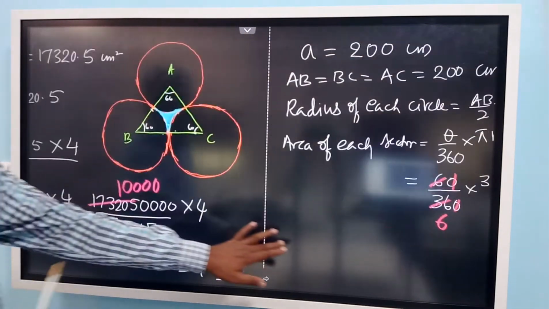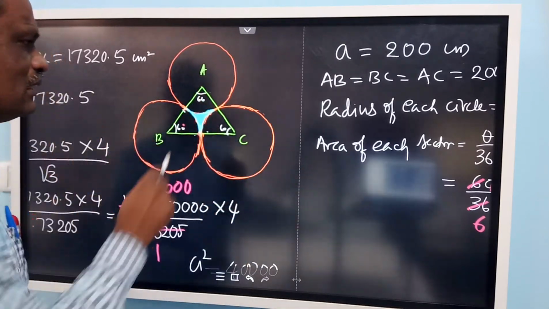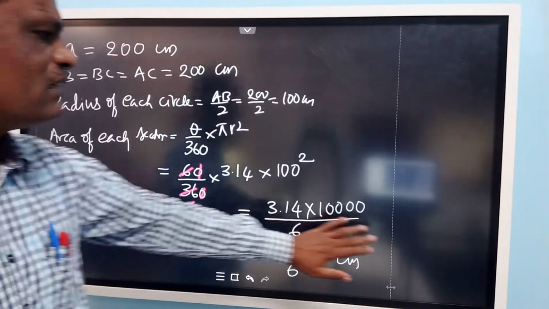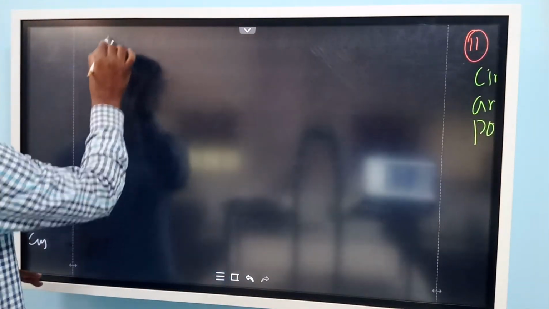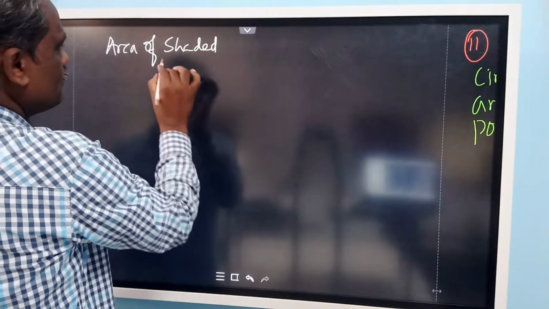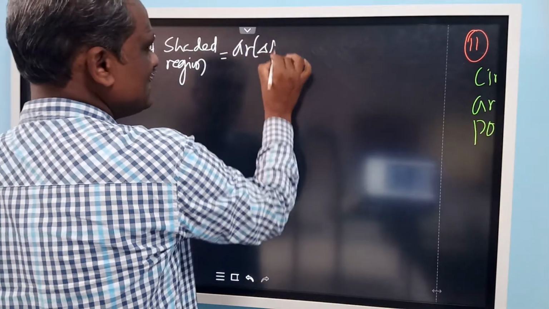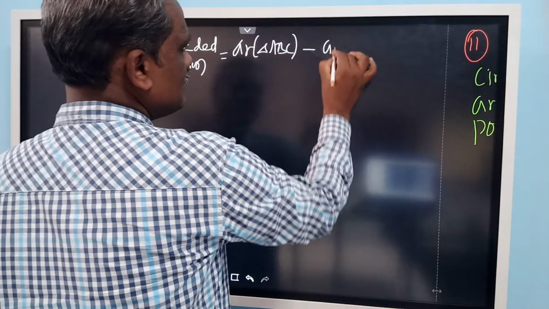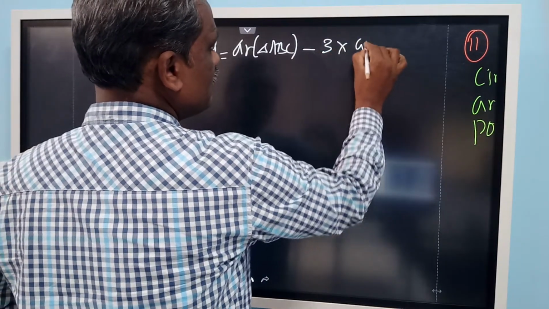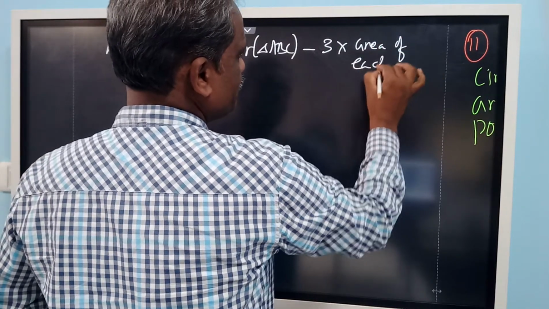Now you have the area of each sector. We have 3 sectors. From the area of the triangle, you have to subtract the area of 3 sectors. Area of shaded region is equal to area of triangle ABC minus 3 times the area of each sector.